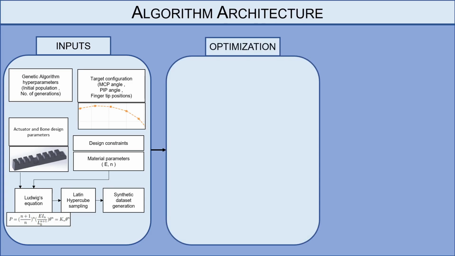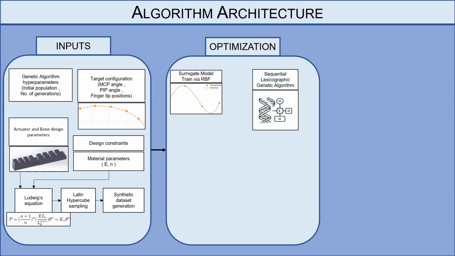Here we come to the optimization stage, and we are training our surrogate model using radial basis function and this synthetic data set. It is integrated with the sequential lexicographic genetic algorithm. The genetic algorithm explores a wide space of design sets, and for each design set, we want to know the actuator bending angle.